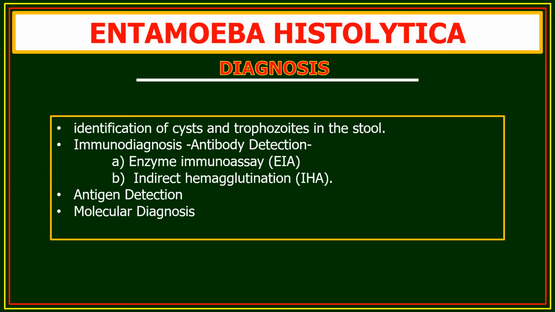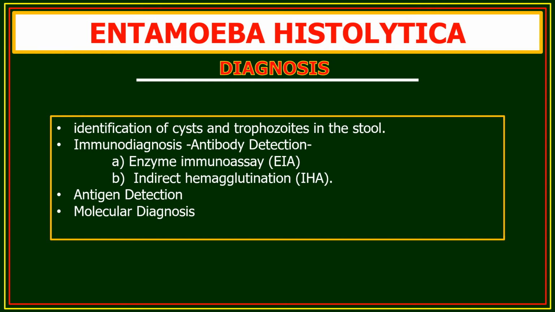If antibodies are not detectable in patients with an acute presentation of suspected amoebic liver abscess, a second specimen should be drawn 7 to 10 days later, and if the second specimen does not show seroconversion, other tests should be considered. Another one is antigen detection, which is very useful as an adjunct to microscopic diagnosis in detecting parasites and distinguishing between pathogenic and non-pathogenic infection. The last one is molecular diagnosis.